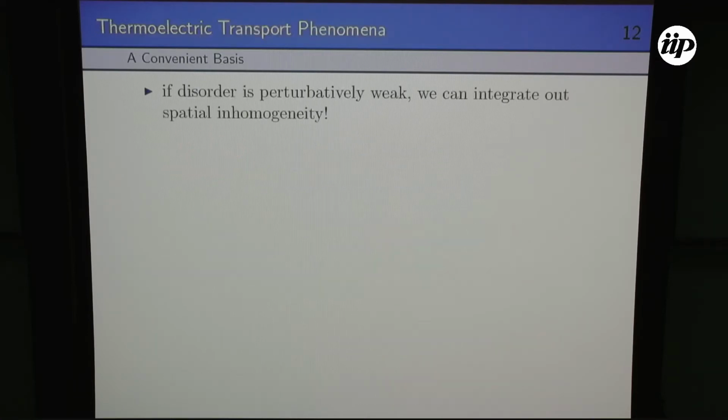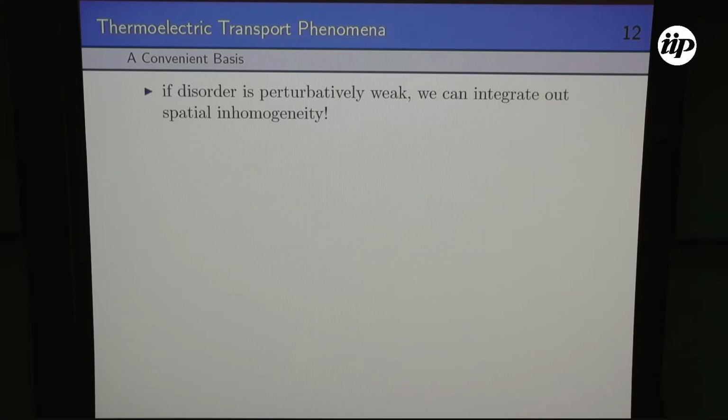Now, the first thing that I should comment is that it's really helpful to treat disorder perturbatively. Then you can integrate out disorder accurately, and you essentially get a homogeneous effective collision integral. For the next couple slides, I'll be sloppy about what that effective collision integral is, and then I'll come back and treat that much more carefully.